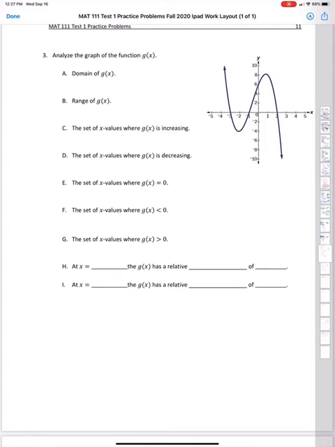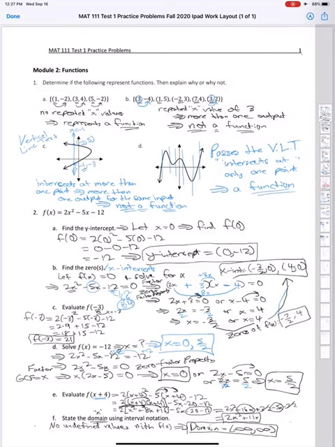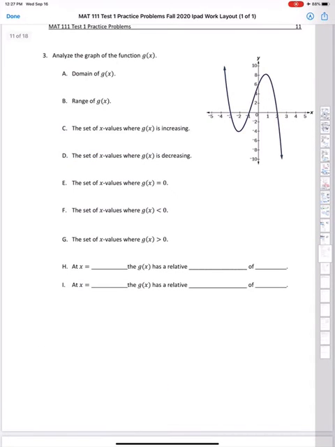All right, moving on in our review, I want to take a look at this next example here in problem 3. In problem 3, we're going to analyze a graph of a function. So we're given a function graph over here to decide, and it asks us to go through and analyze its characteristics.